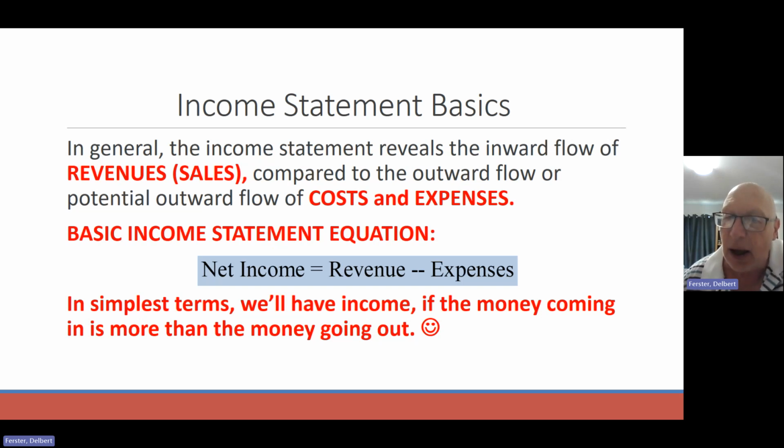So we will have an income or a profit if our revenue exceeds our expenses. So if the money coming in is greater than the money going out, welcome to having some kind of a profit action. So revenue compared to outward flow: money in versus money out.